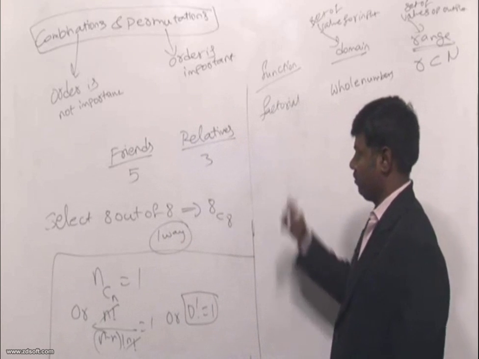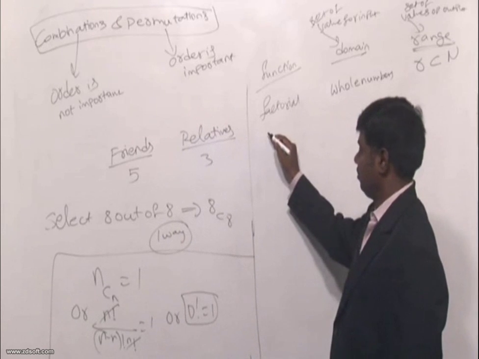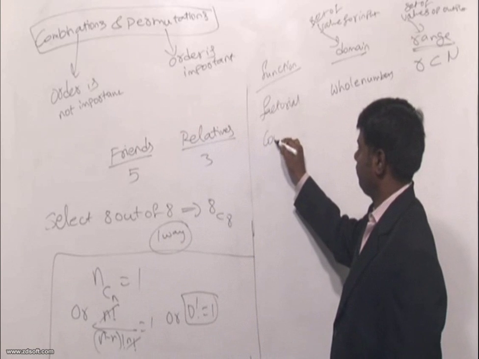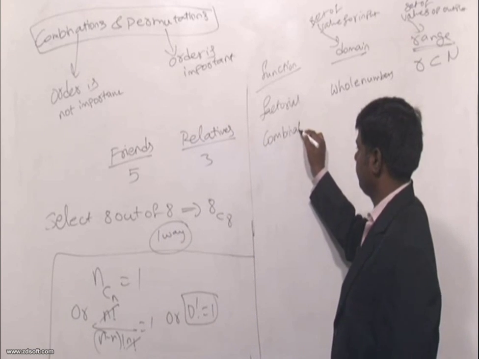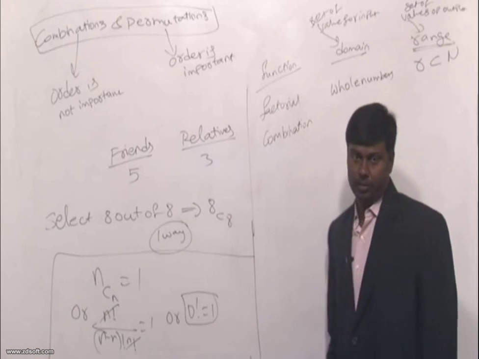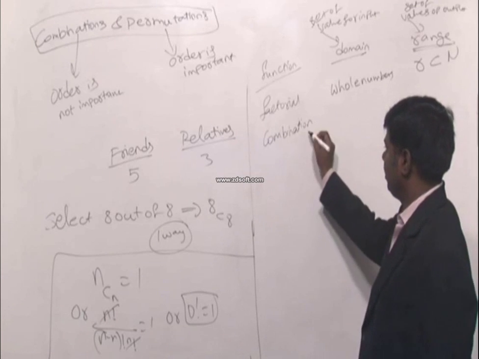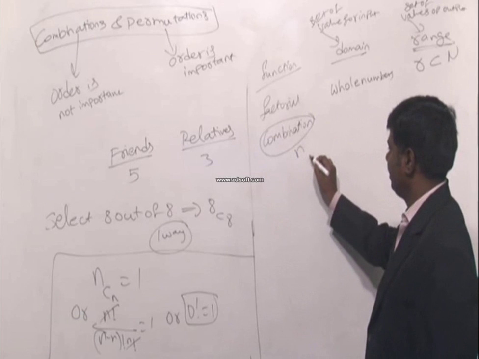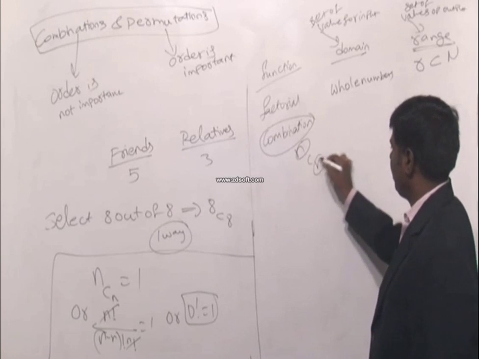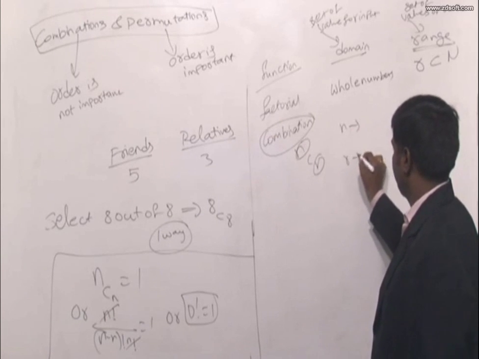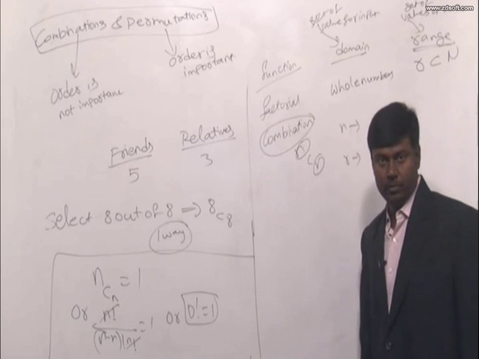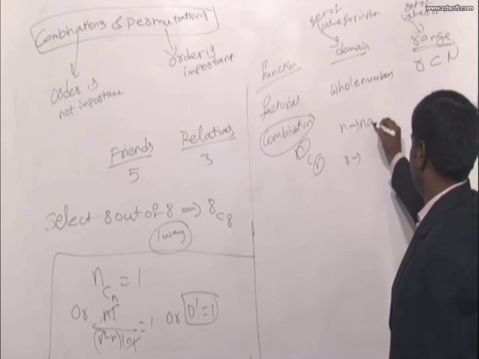Next, if you consider combination as a function, what can be considered as an input? For that, we have to consider nCr. n input, r input. For n, you can consider any natural number.